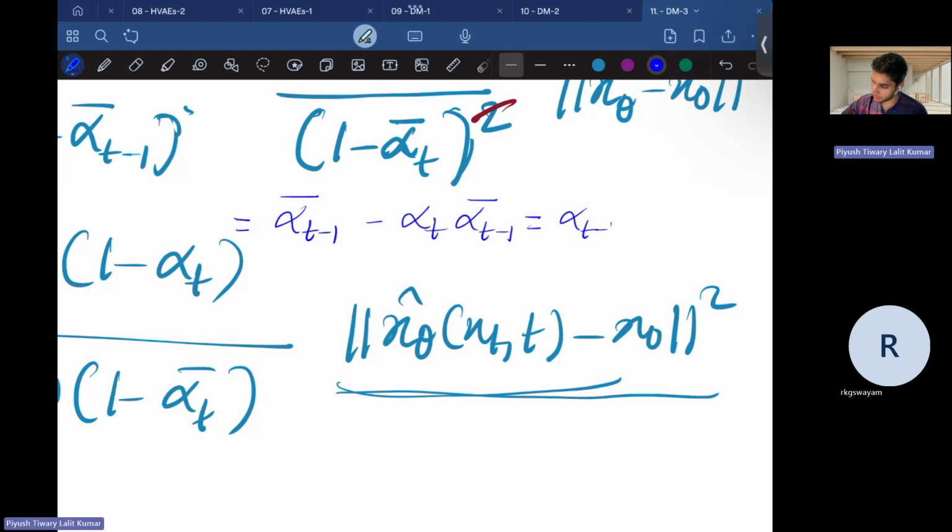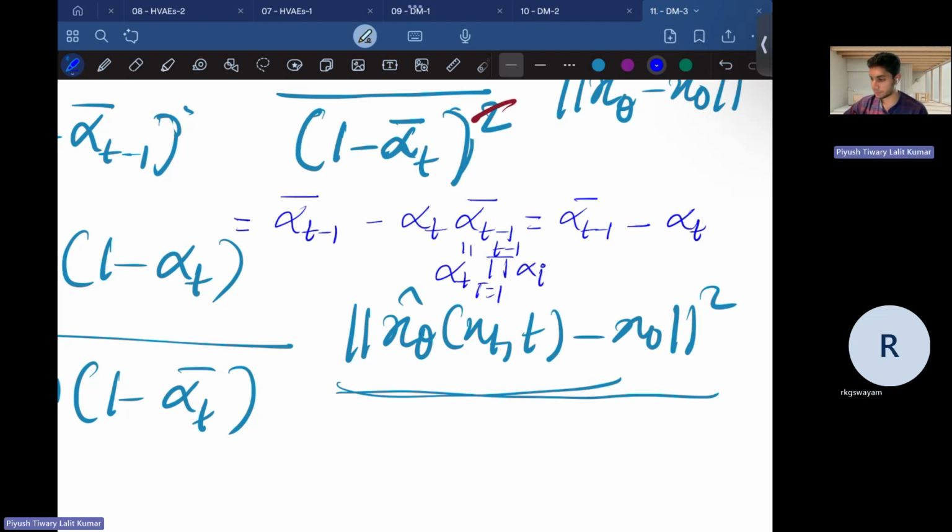Alpha t minus 1 bar is a product of alpha i's, i going from 1 to t minus 1, and you're multiplying it with alpha t, so this thing will become alpha t bar.